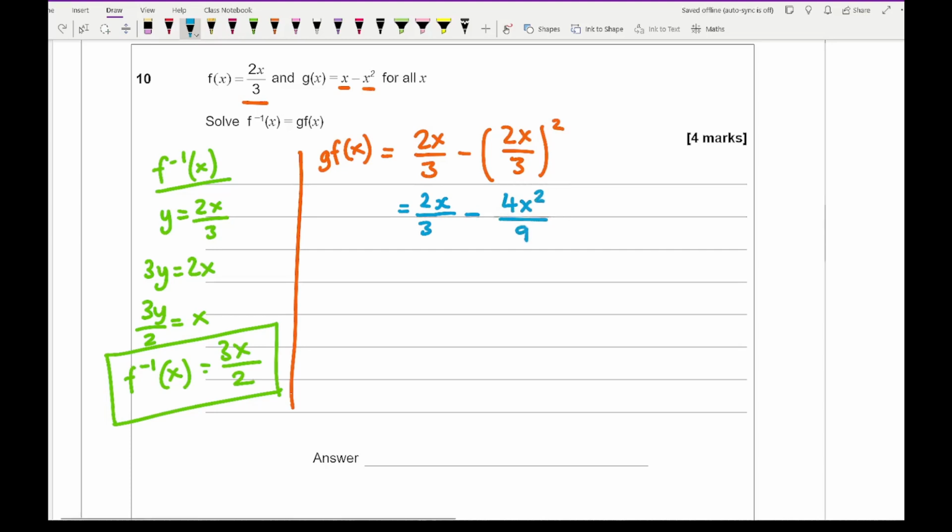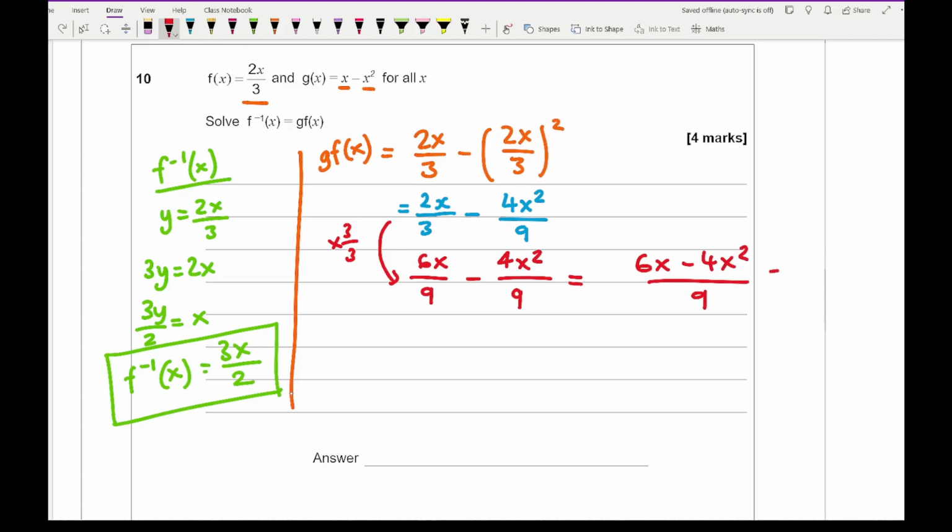I then have an algebraic fraction, so I want a common denominator, which in this case is going to be 9. So the second fraction hasn't changed at all. This first fraction I need to multiply by 3 over 3, so that becomes 6x. So then combining that as a single fraction is going to be (6x minus 4x squared) all over 9. Now that is what gf of x looks like.